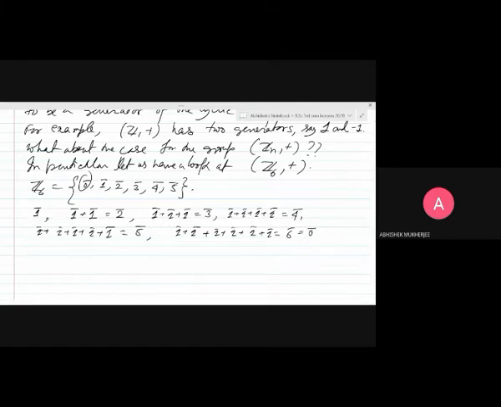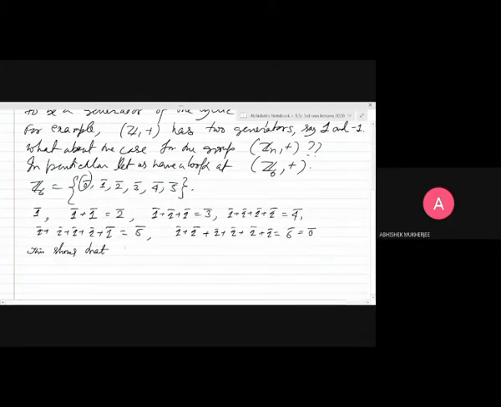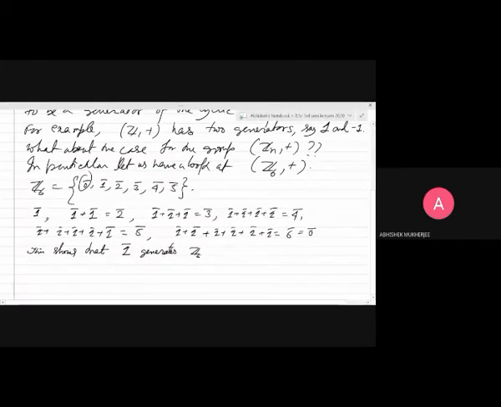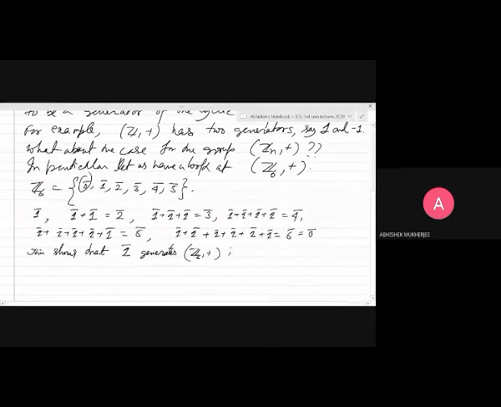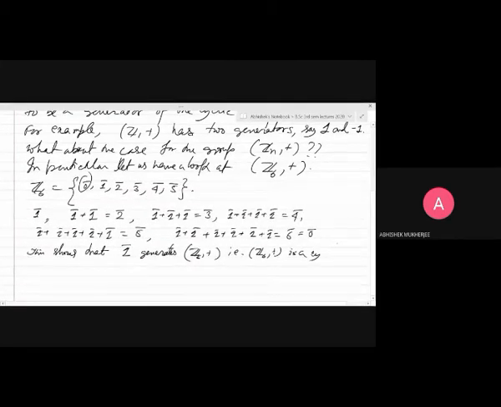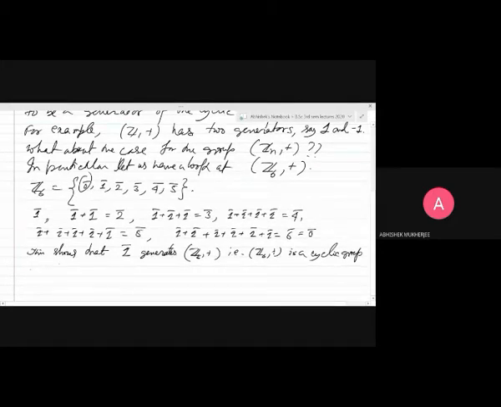So this shows that 1 class generates Z6 plus. That is, Z6 plus is a cyclic group generated by 1 class.